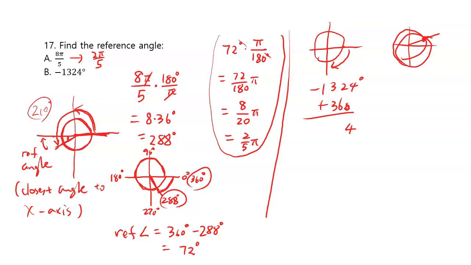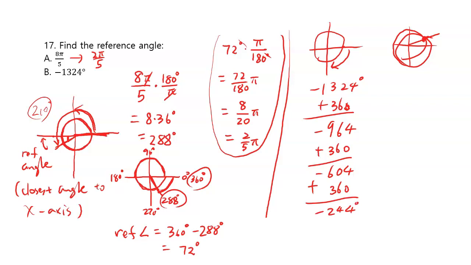So 4 minus 6... this will be 964. Okay, so you have 964. Add another 360, and that gives you 604. Add another 360, and that gives you 244. Okay. All right.